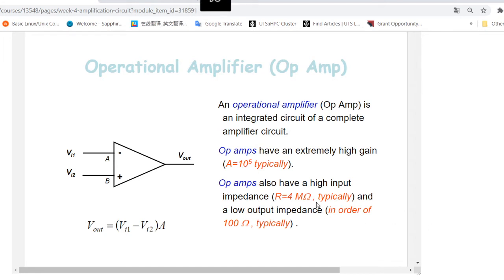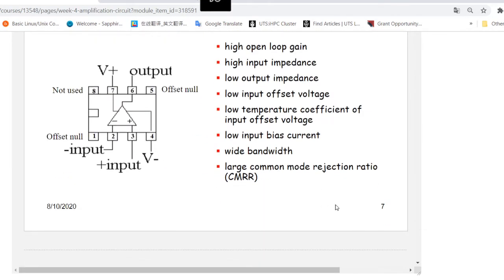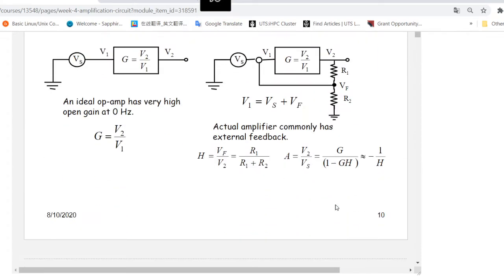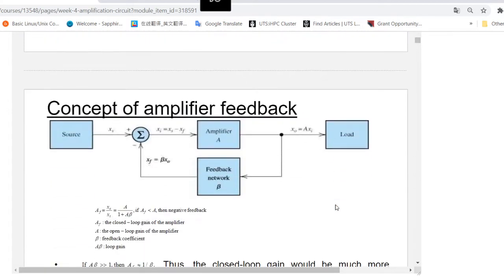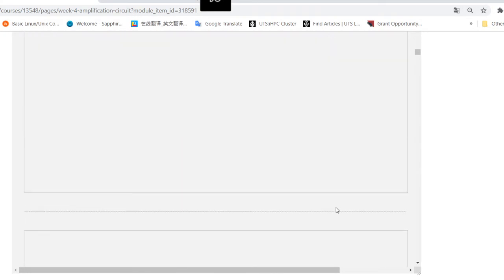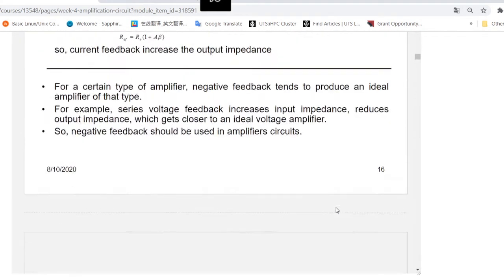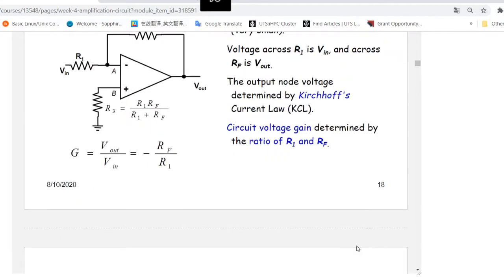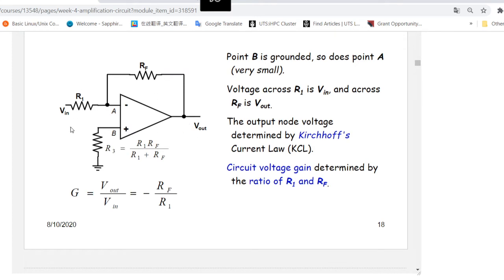So normally we need to use negative feedback to build the typical circuits. One typical circuit is called the inverting amplifier. This is the inverting amplifier. Can you remember this circuit?